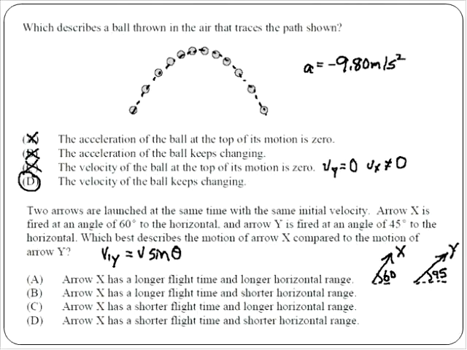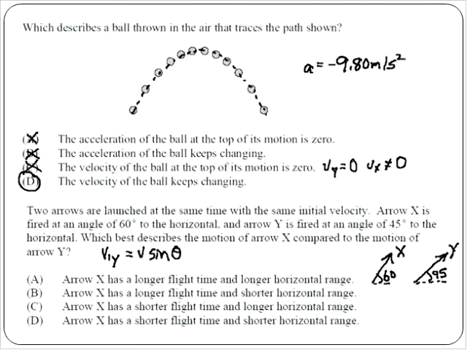Punch in sine of 60 and sine of 45 and see which one is the bigger answer. And you'll find that sine of 60 is larger than the sine of 45. So that means that arrow X has a larger initial vertical velocity. Therefore, arrow X is going to be in the air for a longer amount of time.